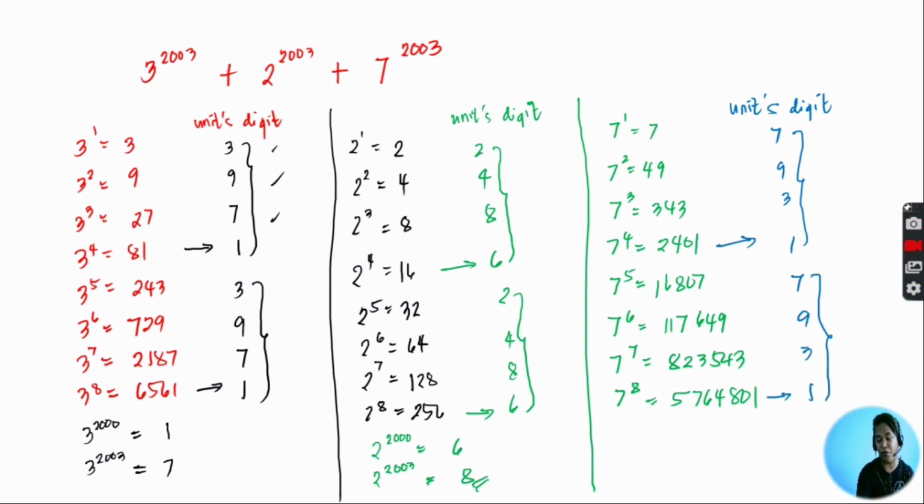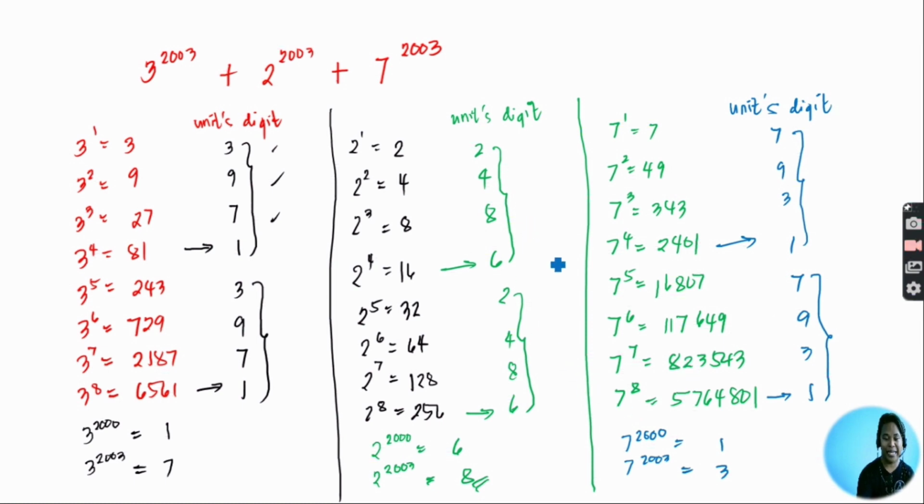So, the units digit of the value of 7 raised to any exponent divisible by 4 is 1. So, for 7 raised to 2,000, the units digit is 1. And for 7 raised to 2003, the units digit is 3.